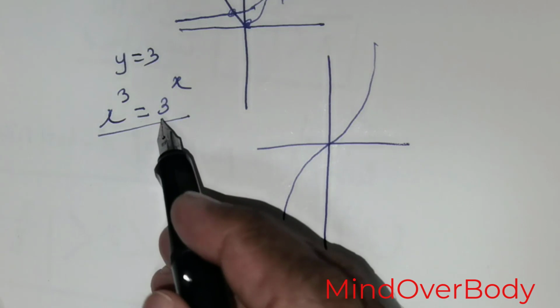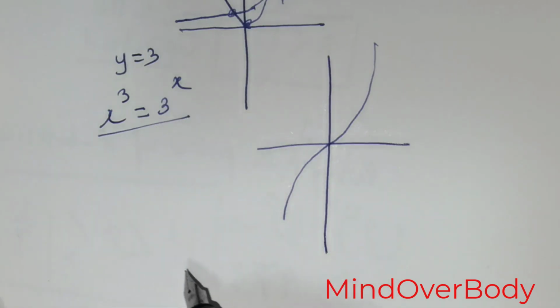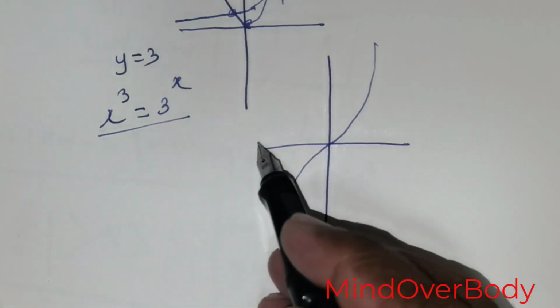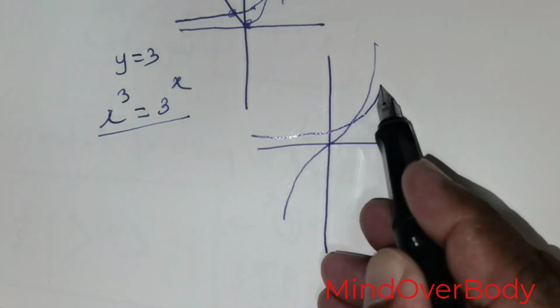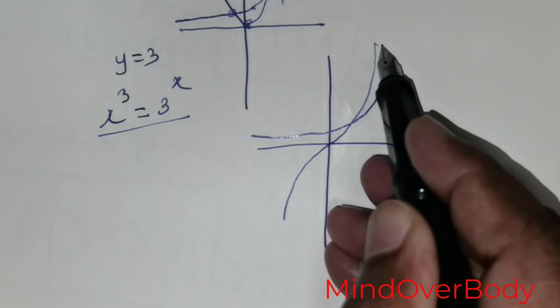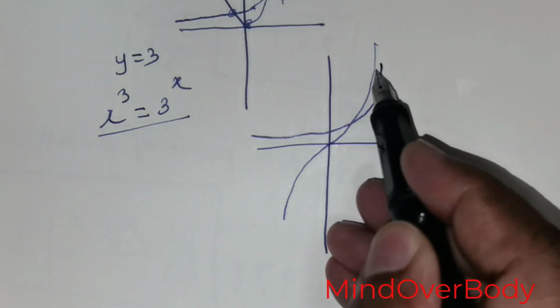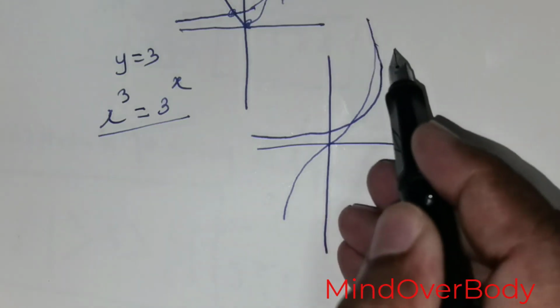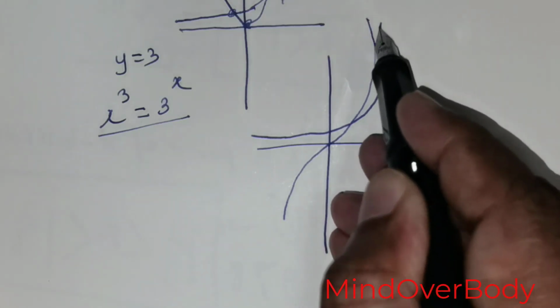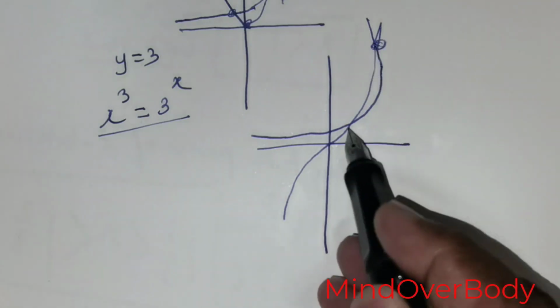Now if I were to draw the graph of 3 raised to the power x, then the graph would start off like this, make an intersection and go up, and there would be a point where this line would intersect and move up. So there would be another point of intersection. You can check that out.